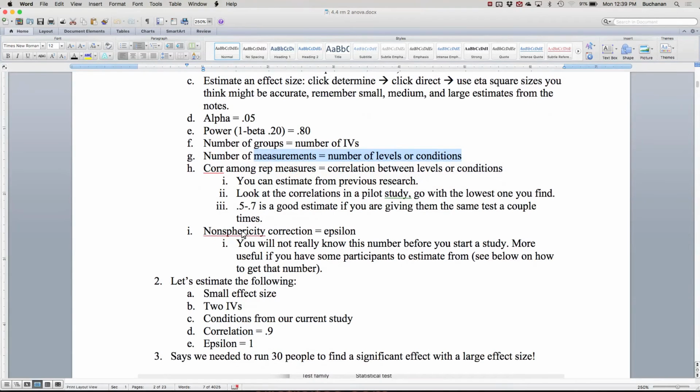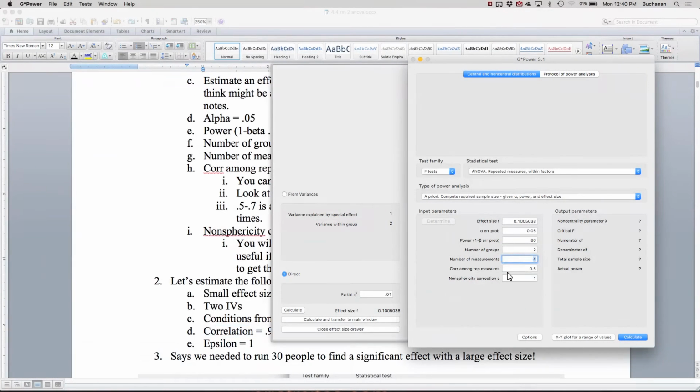And then we talked a lot about that whole correlation thing last time, but let's assume that the correlation between these is 0.9. That might be kind of high, but it's pretty high. I'm going to leave epsilon as 1. So you should get, if you've typed everything in the same way, 30 people. I have 158, so I'm good.